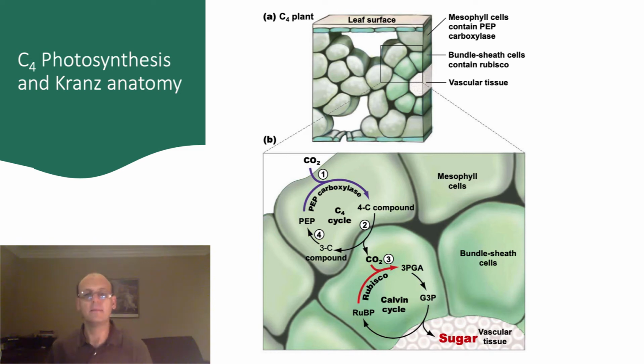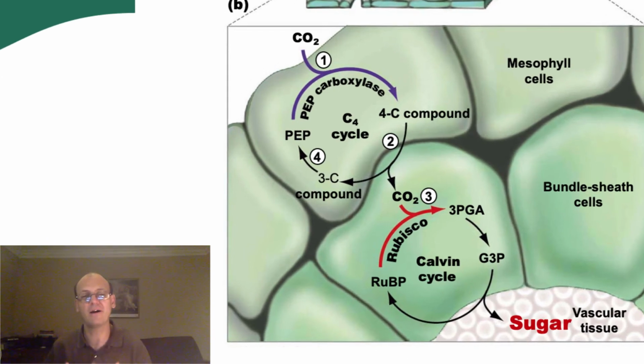In these plants, mesophyll cells are still in contact with the air of the intercellular space. However, in these cells, a different enzyme called PEP carboxylase is used instead of Rubisco to bind the carbon in the carbon dioxide onto a molecule called PEP.